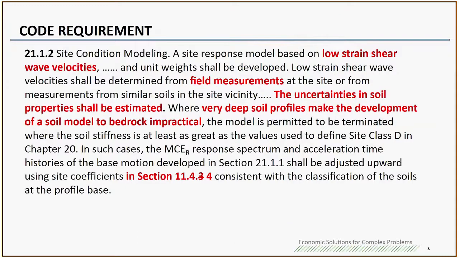Let's look at the code requirement first for the soil profile and the properties. The requirements are in Section 21.1.2. I highlighted in red something I think is important for the soil profile and properties.